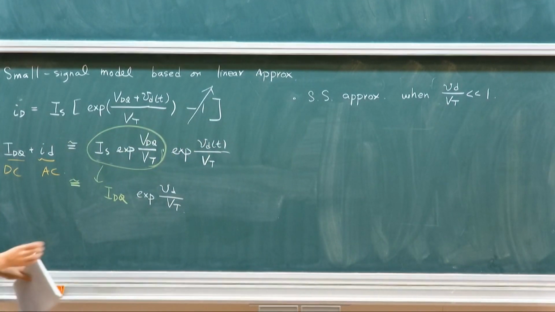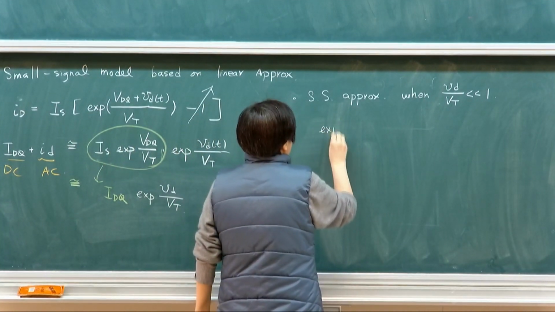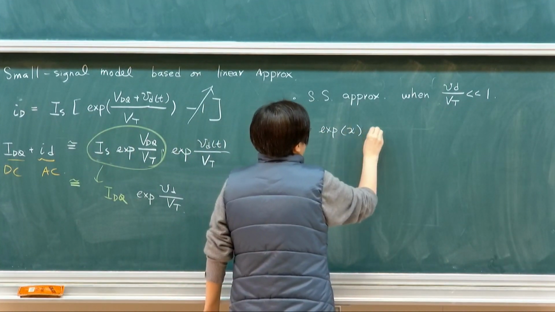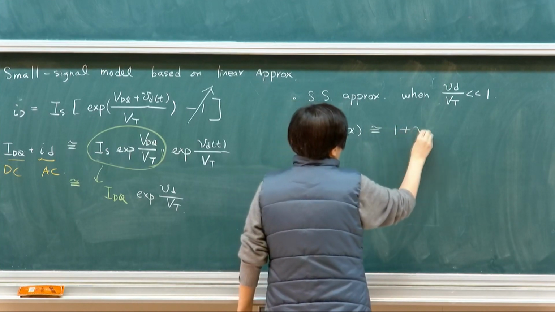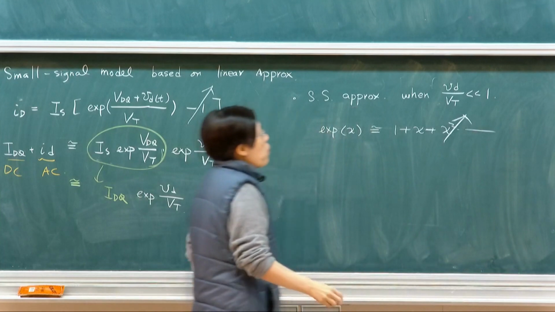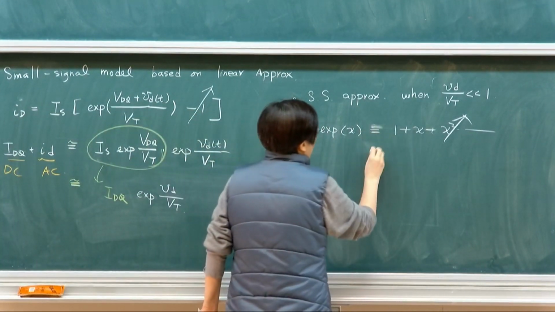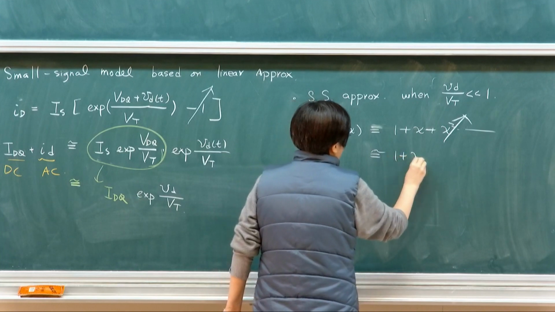When it's smaller, your exponential of x can be approximated by a Taylor expansion. You ignore all the higher order terms and approximate by 1 plus x.